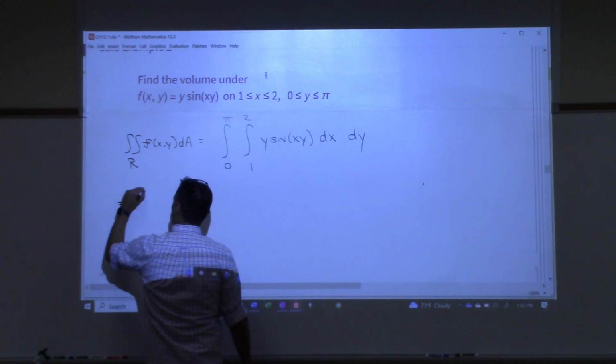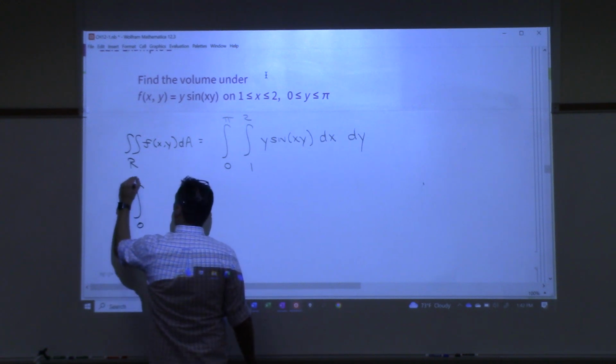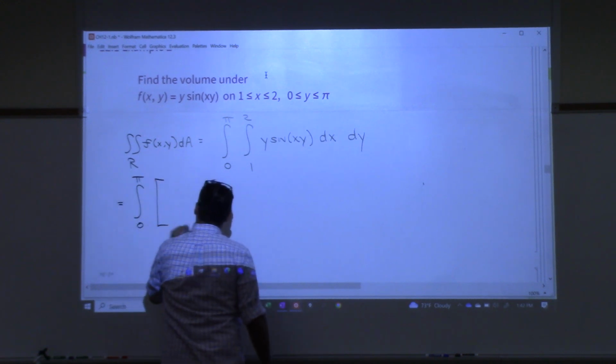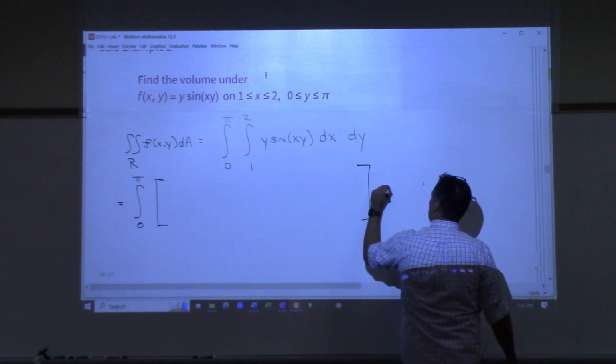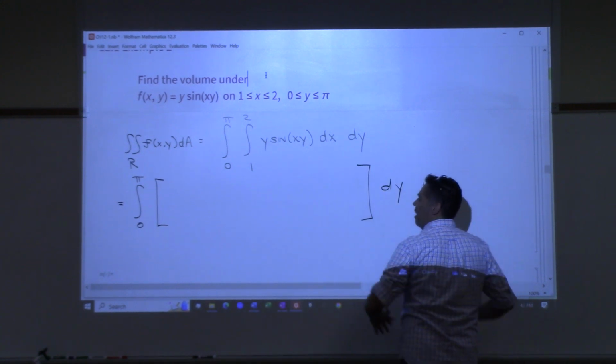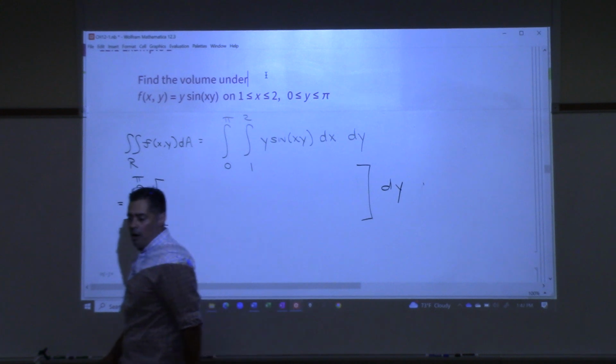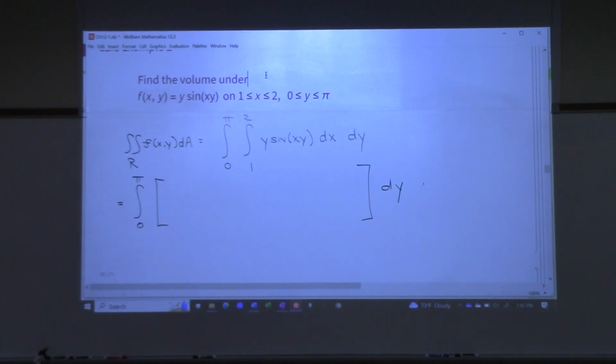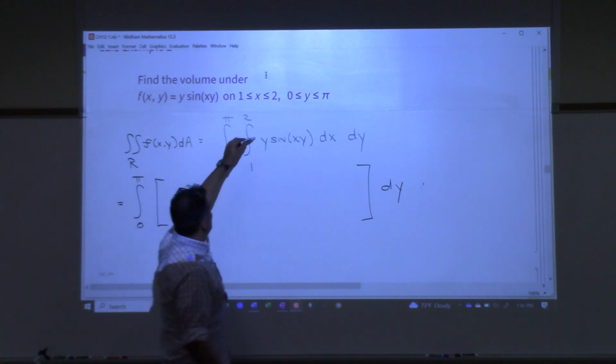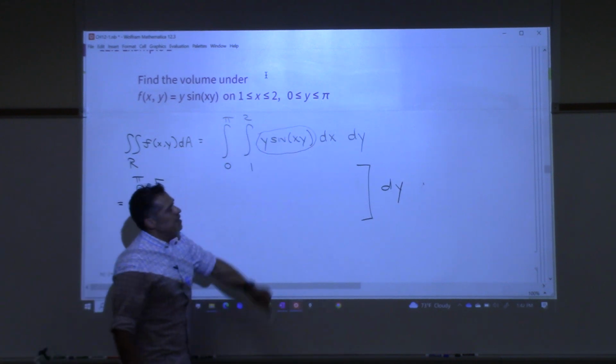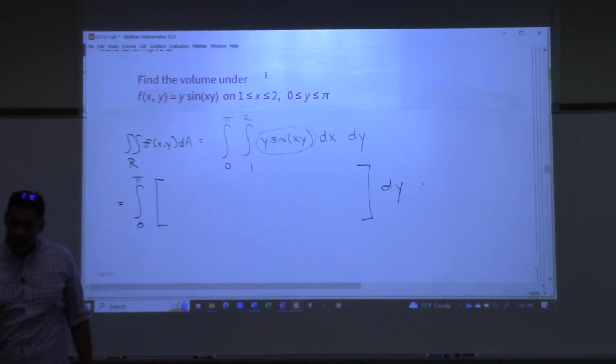This is equal to the integral from 0 to pi, and my outer integral is going to be with respect to y. Now I need to find the antiderivative of this with respect to x, treating y like a constant.